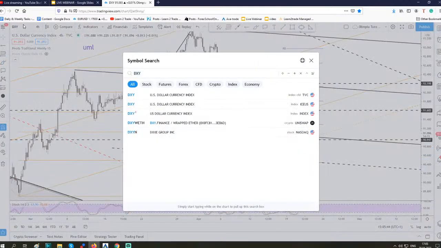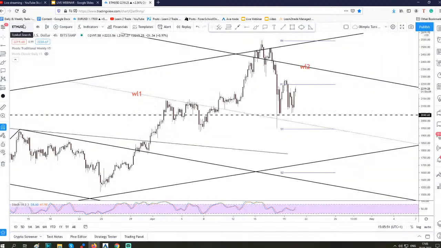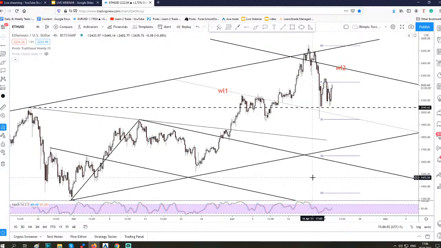And let me take a look also on Ethereum, on Ether. As I've told you in my previous live webinars, also in my video analysis, the price has reached the upside line of the up channel, a strong resistance area.